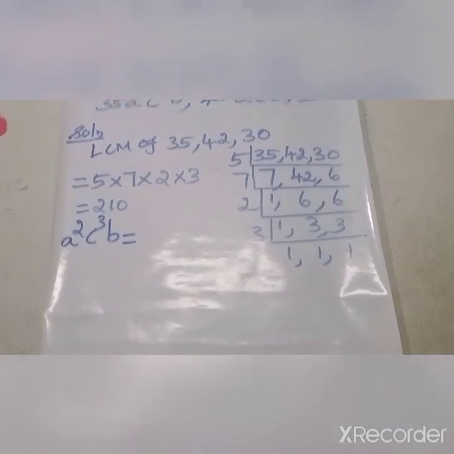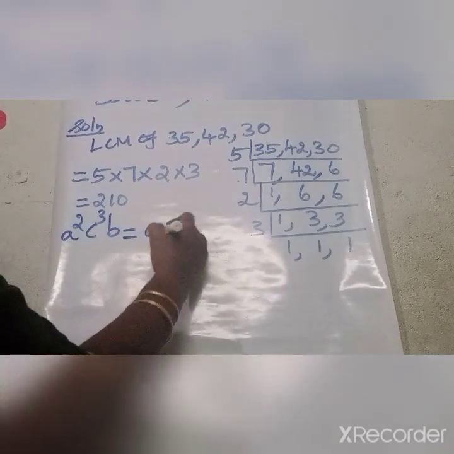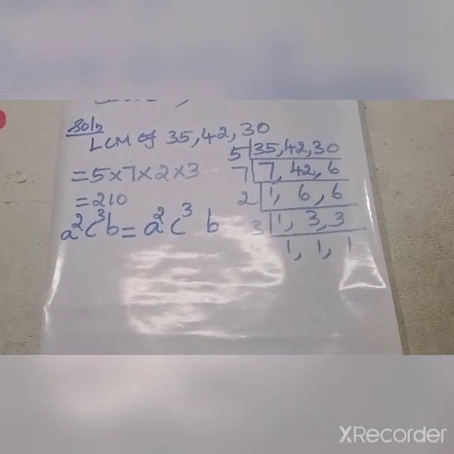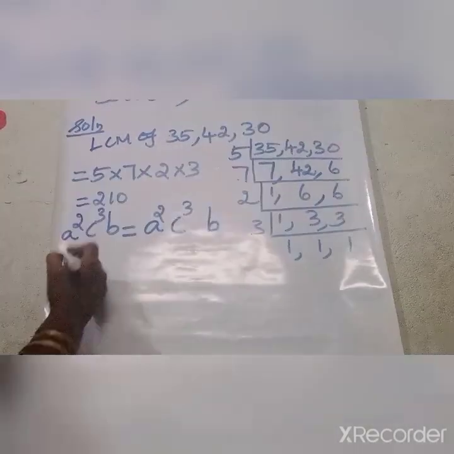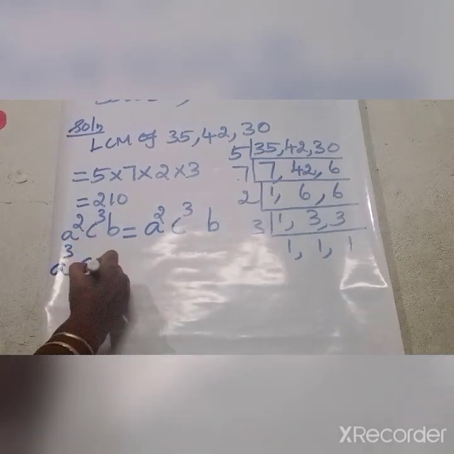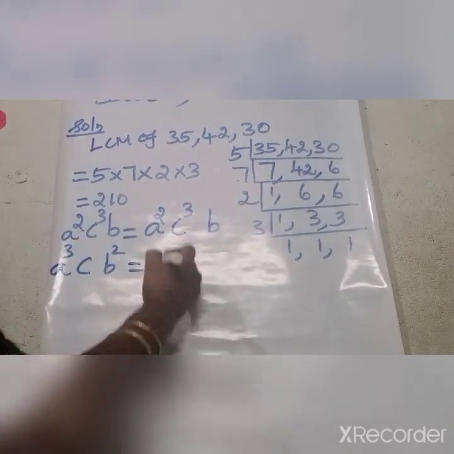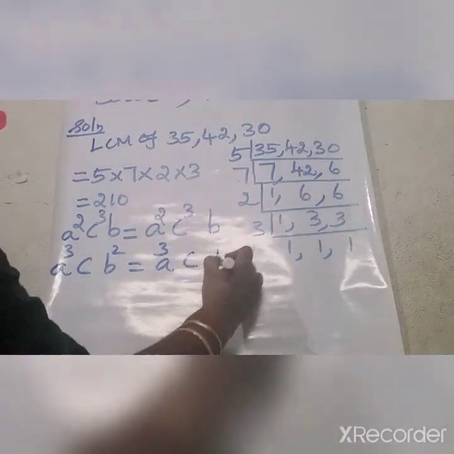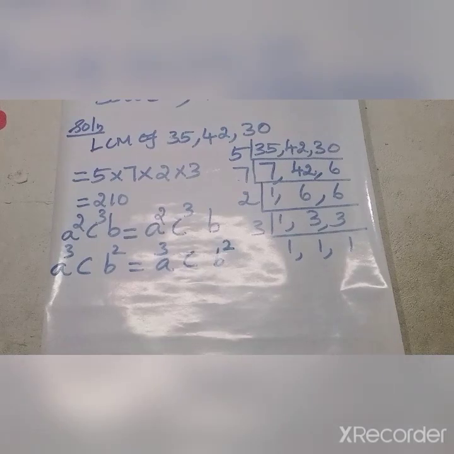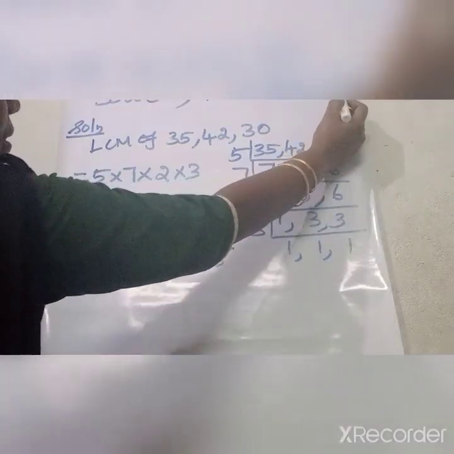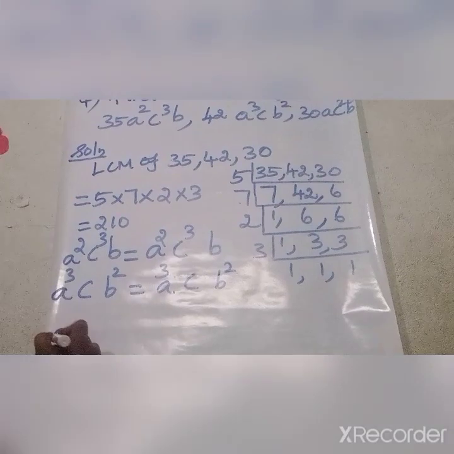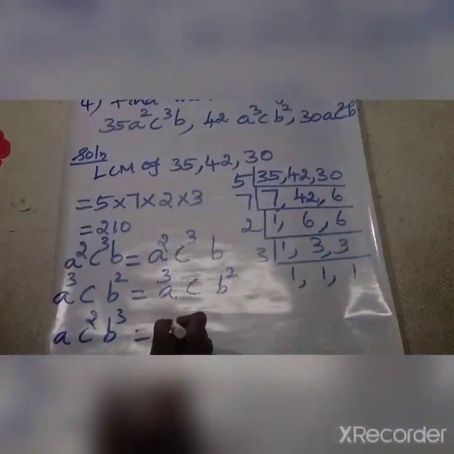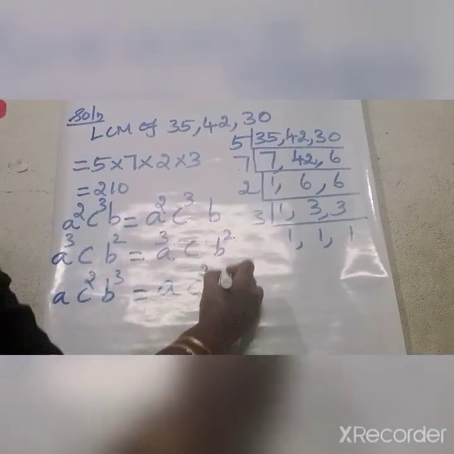Then the next variable term, a cube c b square, as it is. Next variable term, a c square b cube, as it is.